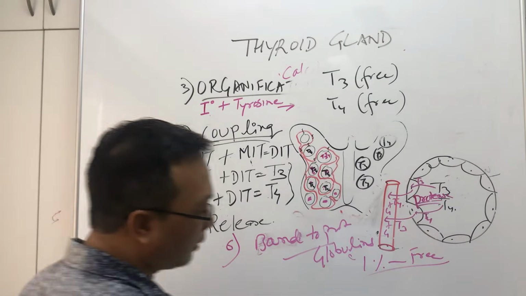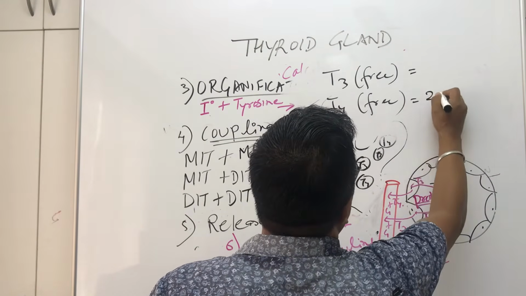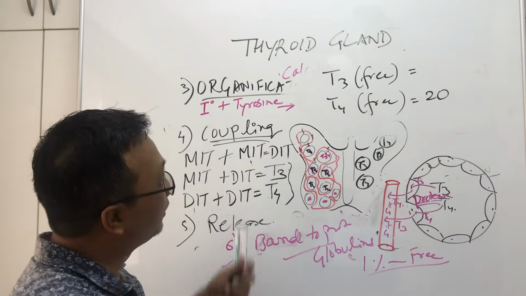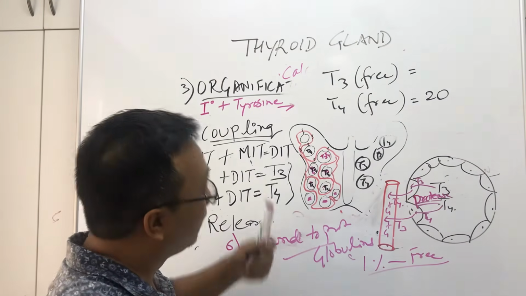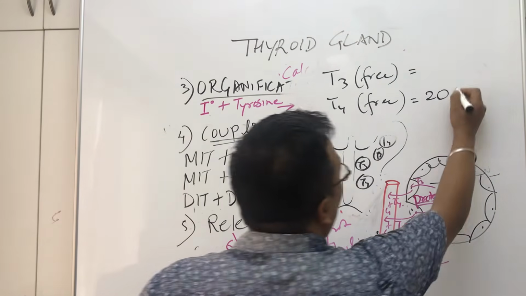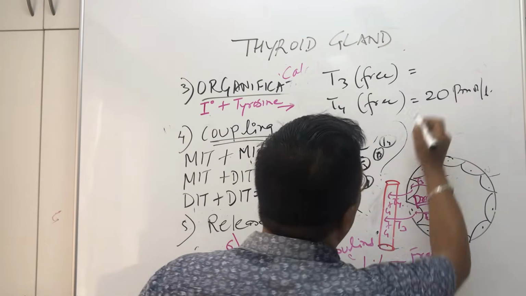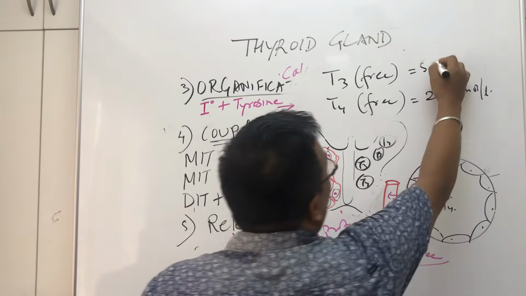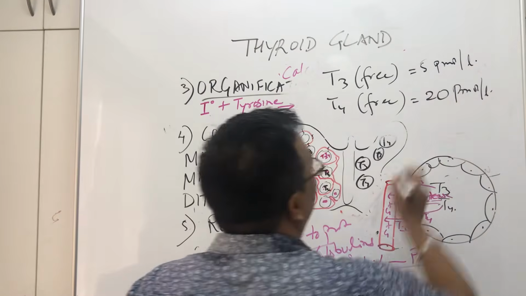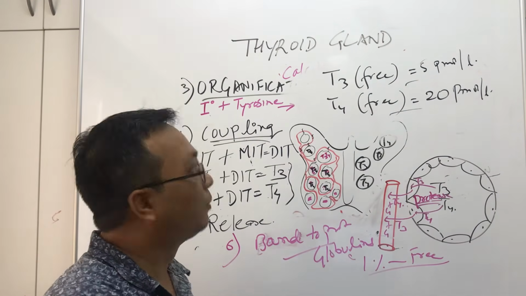T4 is normally 20 picomole per liter, as you know T4 is found more in the blood than T3, and T3 is normally 5 picomole per liter. So this is the normal level of T3 and T4.